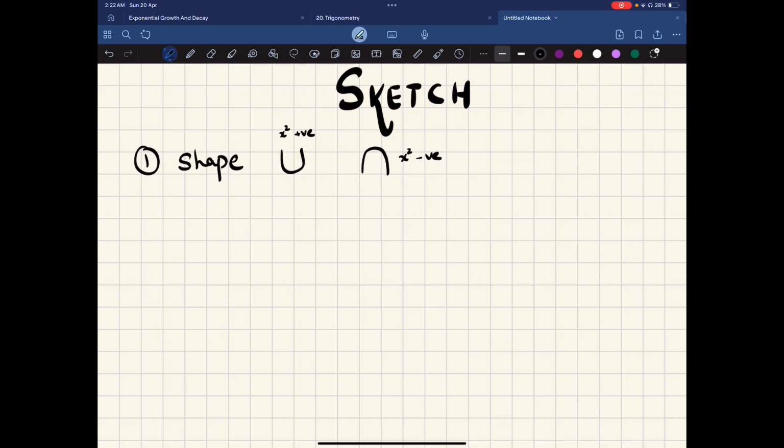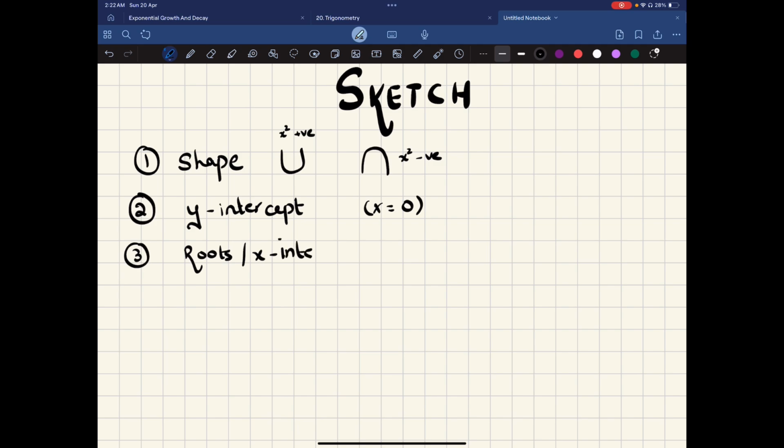Then the second step is where you need to find the y-intercept. How do you find that? By putting x equals 0 in the equation. Third, you need to find the roots or the x-intercepts. How do we do that? By putting y equals 0 in the equation or the function.